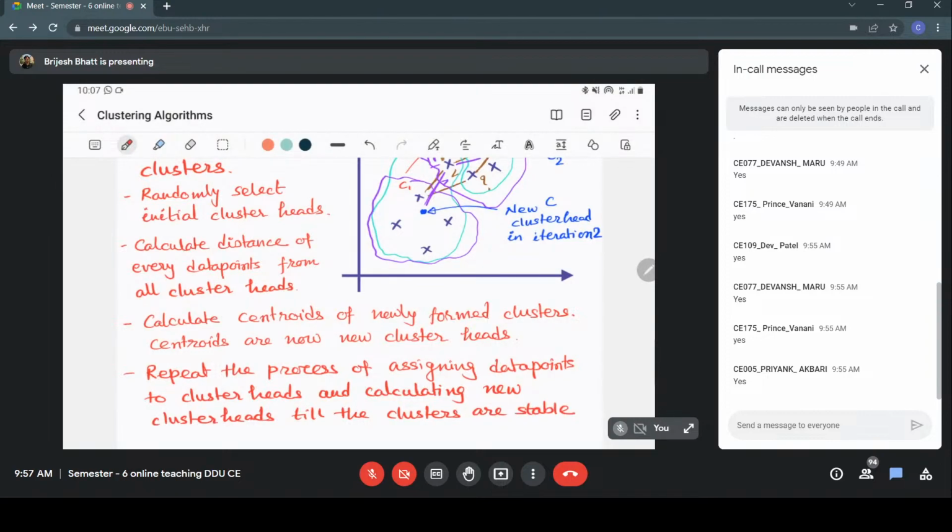Repeat this until the cluster becomes stable.